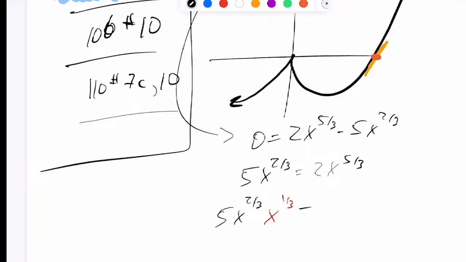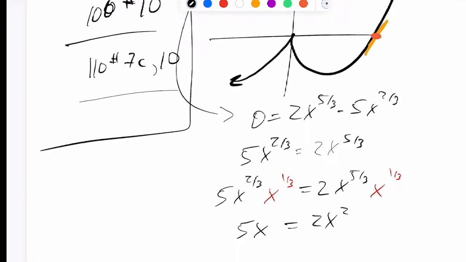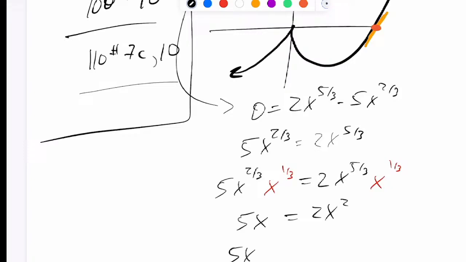It makes things quite nice here. Because this ends up being 5x, because x to the 2/3 times x to the 1/3 is just x. This ends up being 2x squared. So if I bring this to one side, it's 5x minus 2x squared is 0. I can factor the x out. I get x times 5 minus 2x is 0.